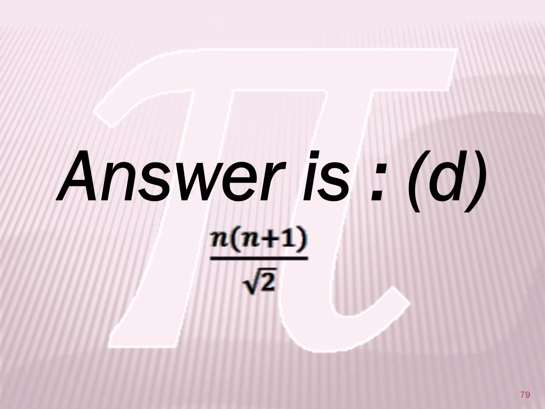Question is option D, that is n into n plus 1 whole by root 2.